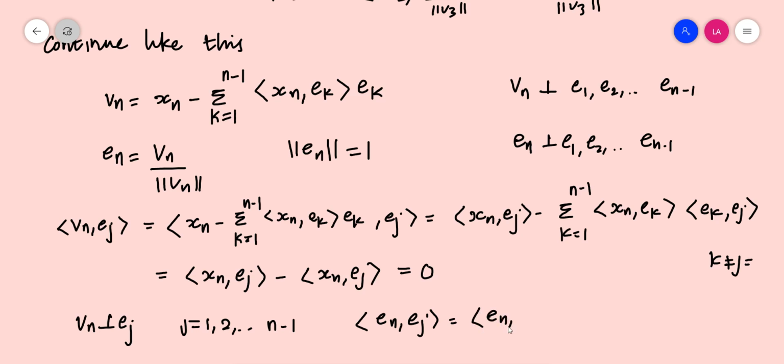Inner product En Ej is equal to inner product of Vn divided by norm Vn, comma Ej. This is 1 by norm Vn times inner product Vn Ej.